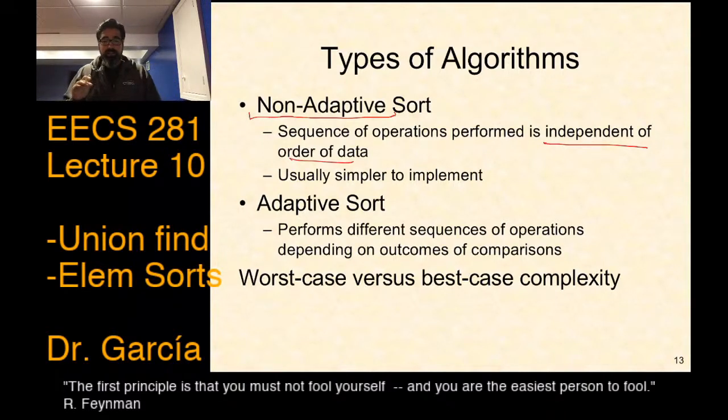Okay? So it's not necessarily that it's somewhat sorted, it's that it performs different sequences of operations depending on outcomes of comparisons, right? And one of the examples that we'll show is, hey, would this algorithm behave better if the input array is somewhat sorted? And again, I'm hand waving that right now. What do we mean by somewhat? But we'll definitely describe that in more detail in the next couple of slides.